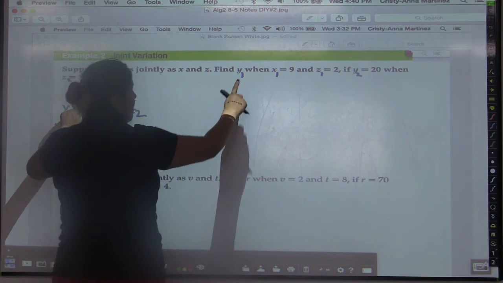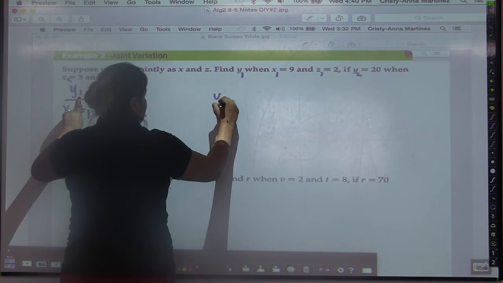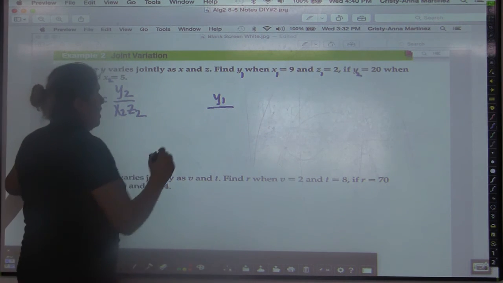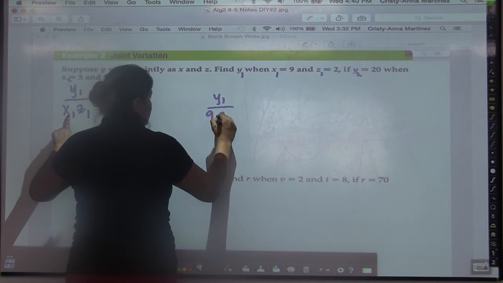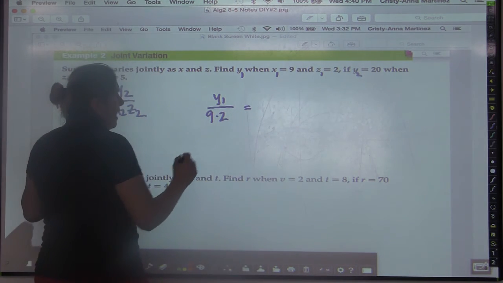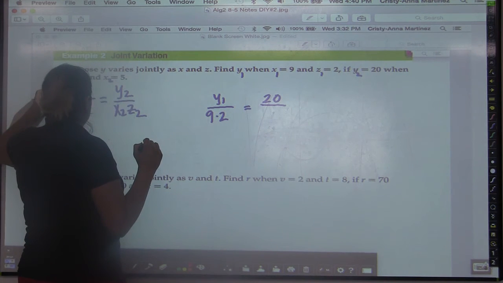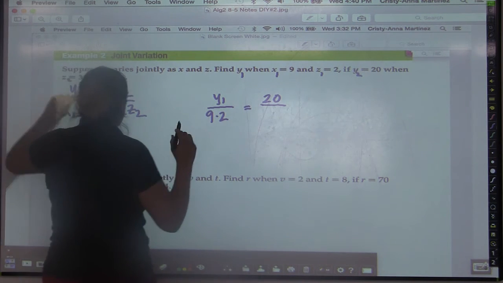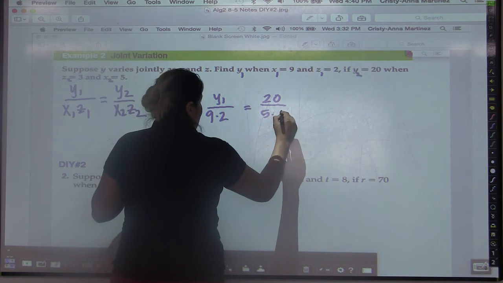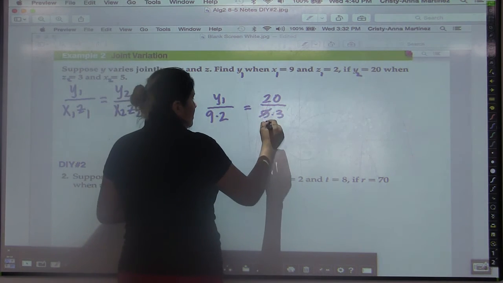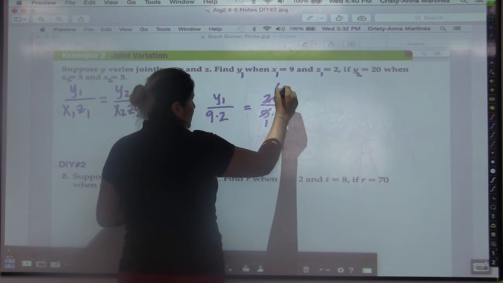So for y1, that's what we're trying to find. But x1 is 9 and z1 is 2, so we're going to go 9 times 2 there. And then y2 is 20, and then our z2 is 3 and our x2 is 5, so 5 times 3. And again, if you want to simplify some stuff before you get started, we know that 5 goes into 5 once and 5 goes into 20 4 times.